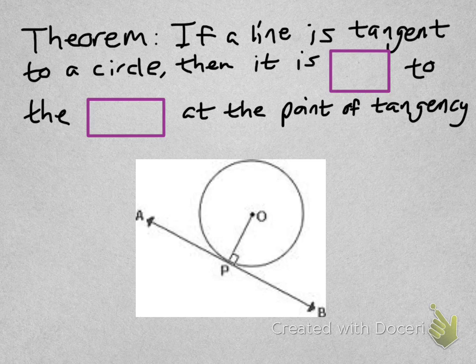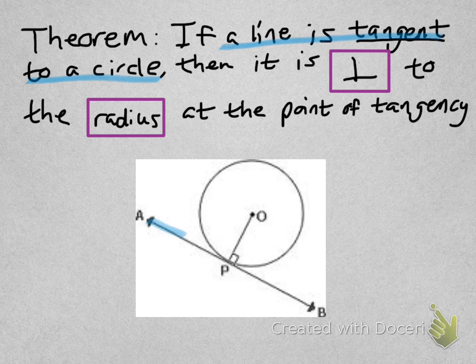Now there's a theorem for you. It says this: if a line is tangent to a circle, again meaning it only touches once, then it is perpendicular to the radius at the point of tangency. So here's my hypothesis, right?